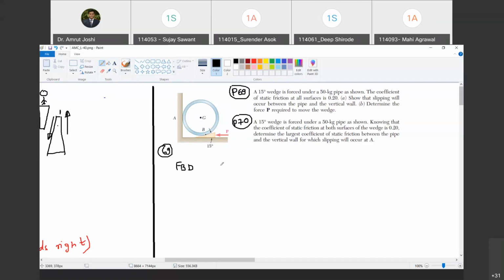So let us draw the free body diagram of a pipe. So tell me, how does this free body diagram look like?